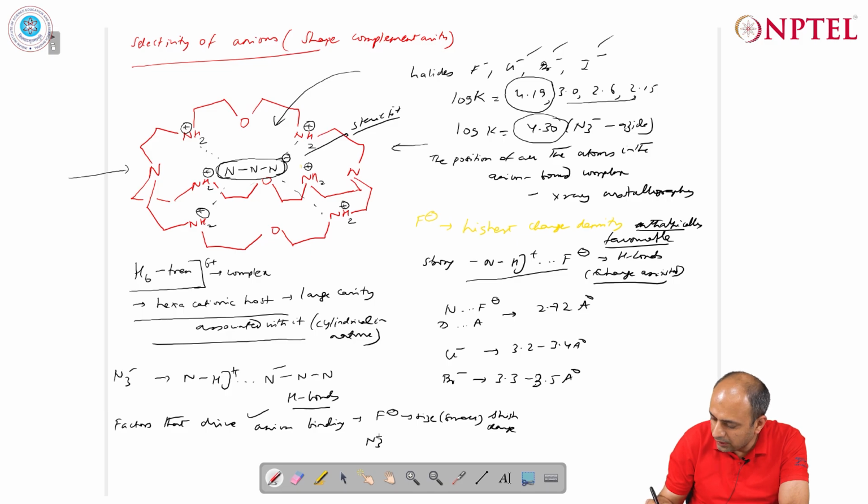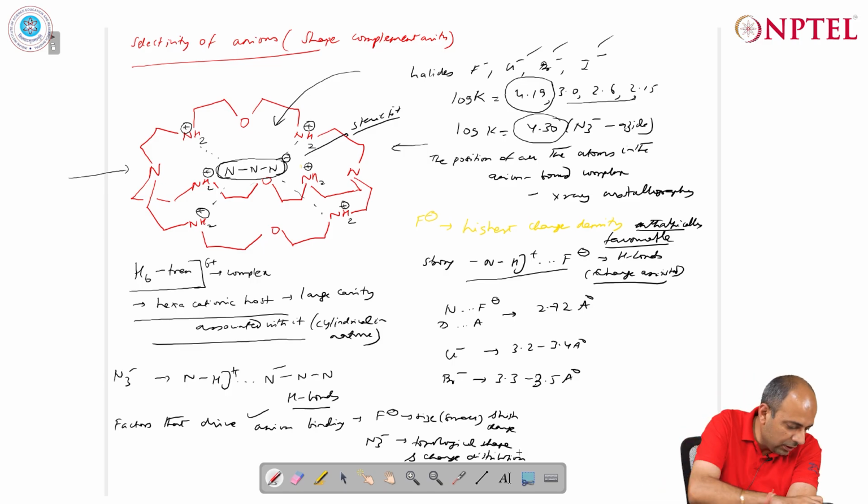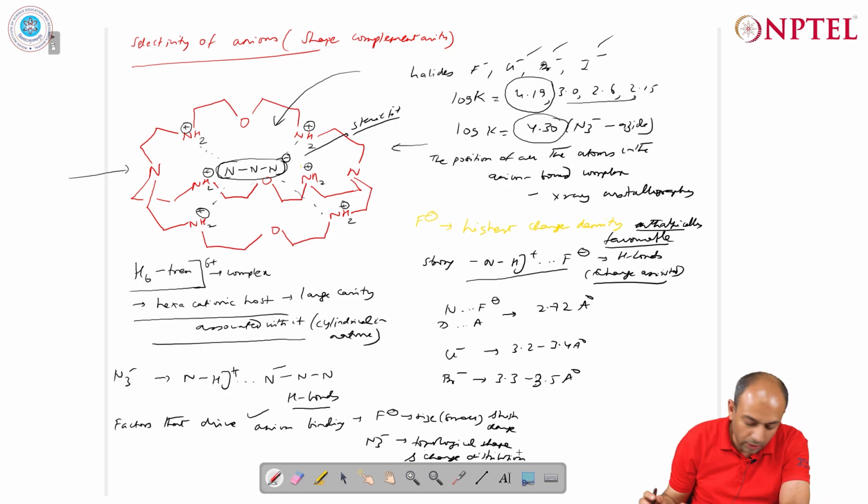In the case of azide it is both the topological shape and the charge distribution. So, both these factors play an important role. That means the size, here it is the shape in the case of azide, and the charge distribution.